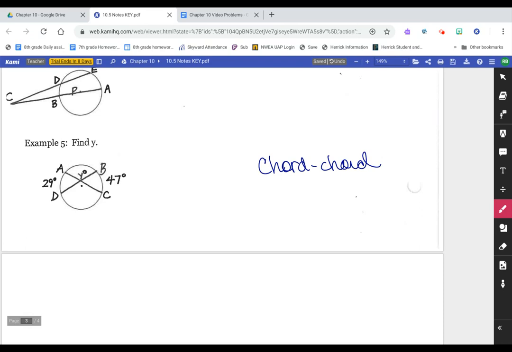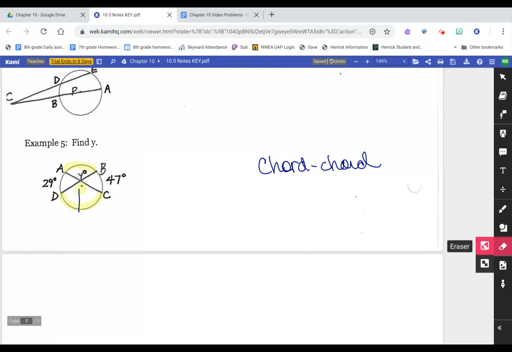We need to find the measurement of angle Y. The problem is that I don't have any information about its inscribed arc or its vertical angle's inscribed arc, and that's fine. It just adds a little bit of a layer here.